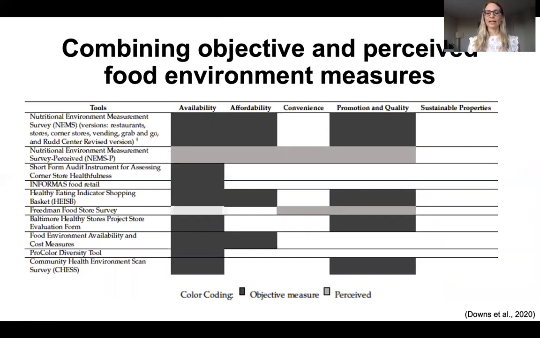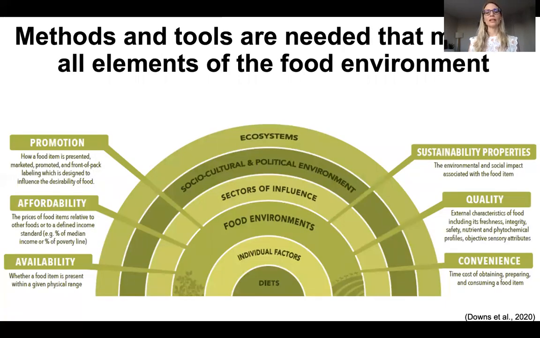Because if we go back to this figure here and to Anna's talk, where she's talking about the food environment being this external component, and then the individual factors are the ones that interact with the food environment. So for example, my personal ability to access a certain market obviously influences whether or not I'm going to go there to purchase the foods that I want to purchase.